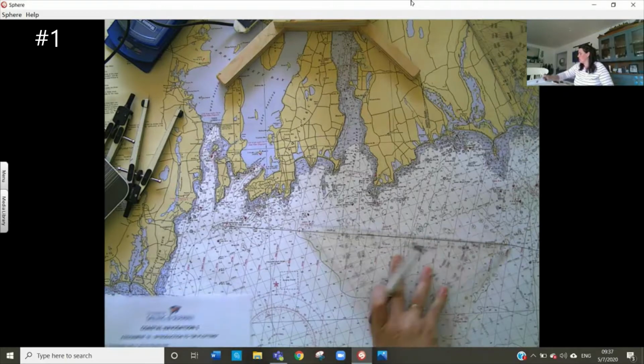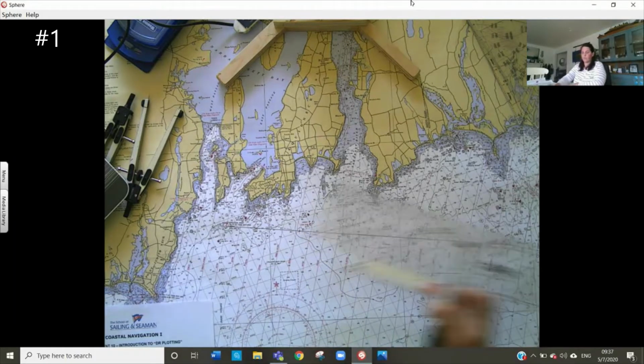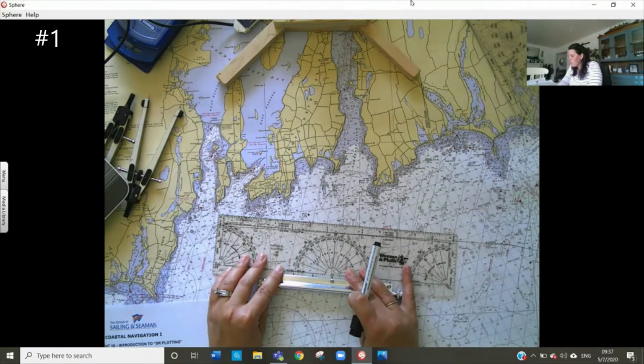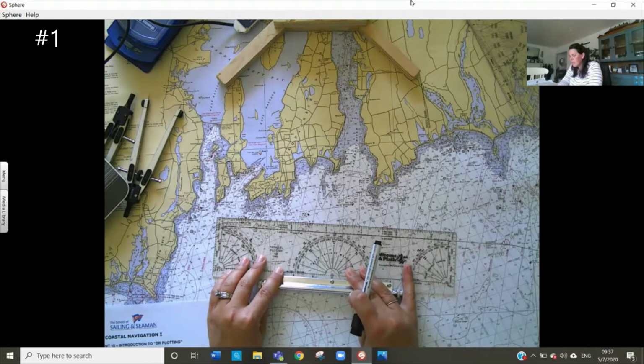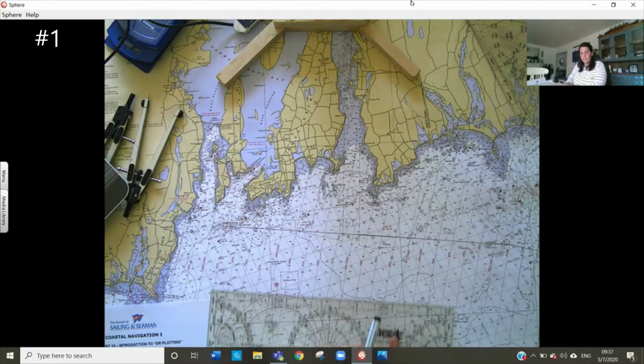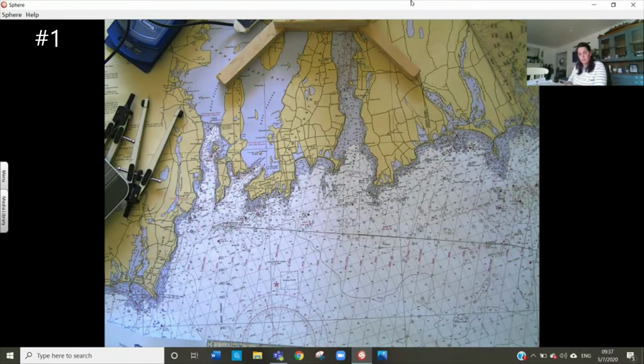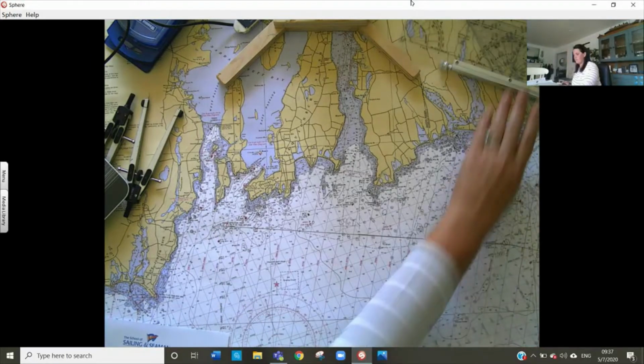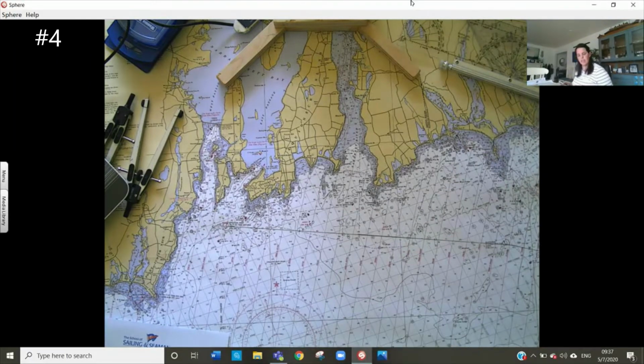We can also use the parallel rulers or the roll plotter by putting our roll plotter right on the line, and then just bringing it down here to the compass rose. I know I'm a little bit off the page, but you can do that as well. So now we have our true course of 096.